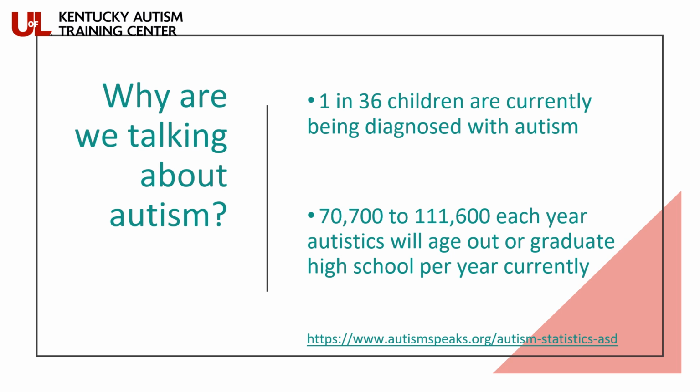Autism also affects all races, ethnicities, social economic groups. Really, there's no group that is not impacted by the diagnosis of autism. One other piece I want to mention while we're on this slide is that autism does not affect IQ.